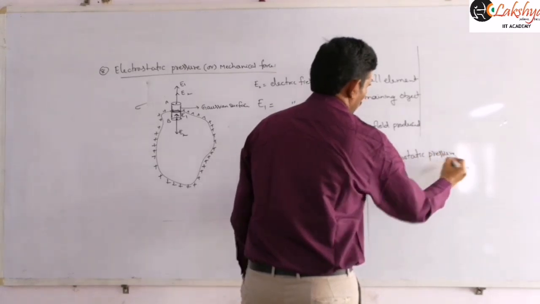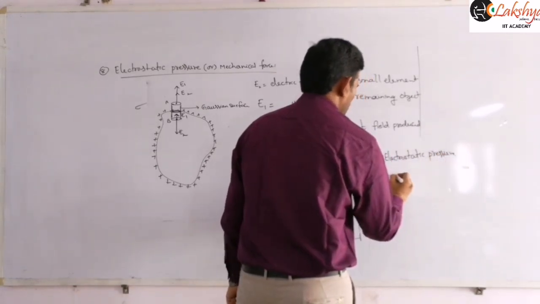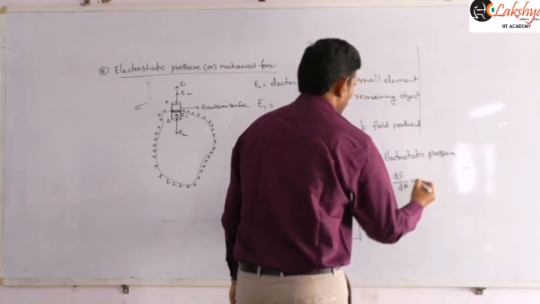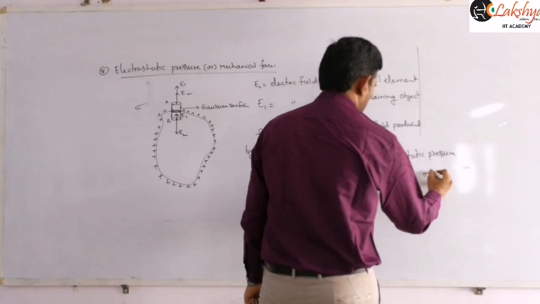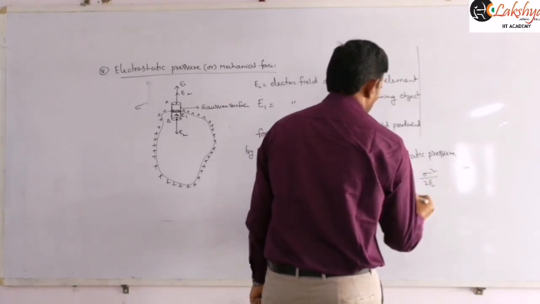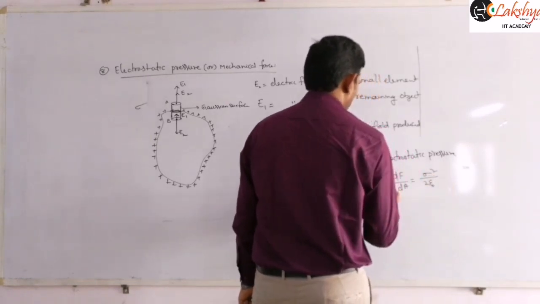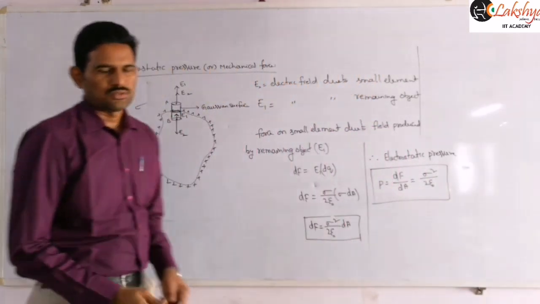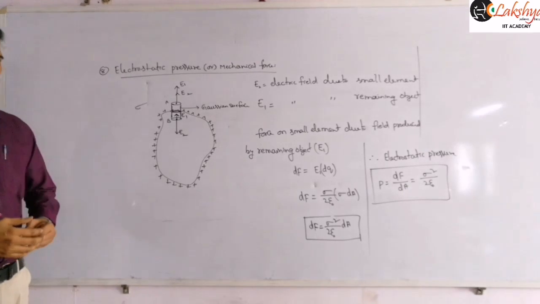So this is nothing but our mechanical force per unit area. Therefore the electrostatic pressure dF by dA is equal to sigma square by 2 epsilon naught. So this will be the pressure expression there. Got it? You need to remember that expression.